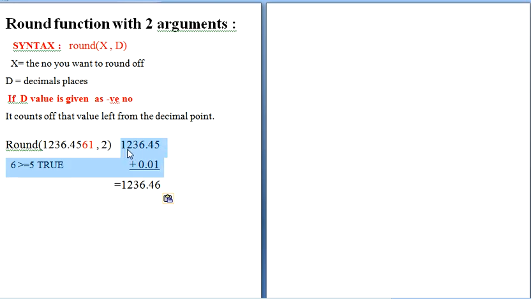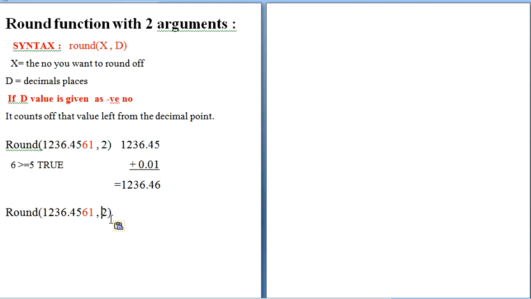We are taking the number as 1236.45. According to the given logic, only 2 decimal digits should be there after the decimal point. After that, it is going to add 1 to it, so you will be getting the result as 1236.46.